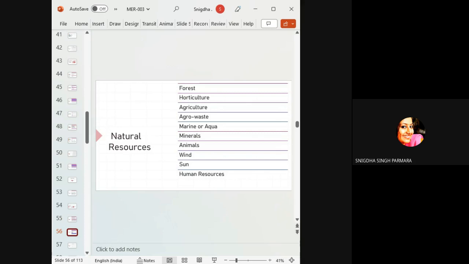So what are the kinds of resources that need to be mapped by the business entrepreneurs? First is natural resources. So generally what happens, as a rational approach, as a logical approach, entrepreneurs always look for various ways in which they could convert the natural resources into profitable enterprises.